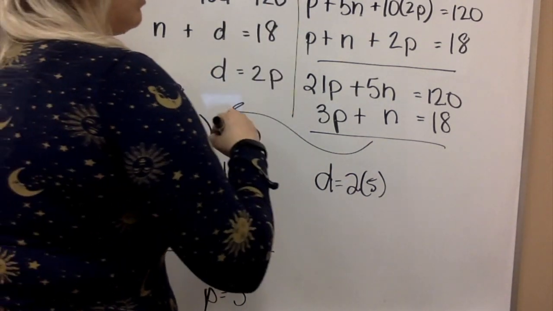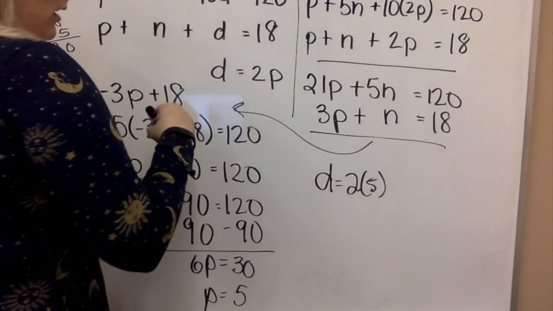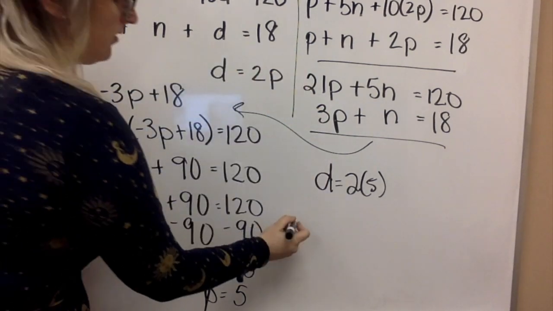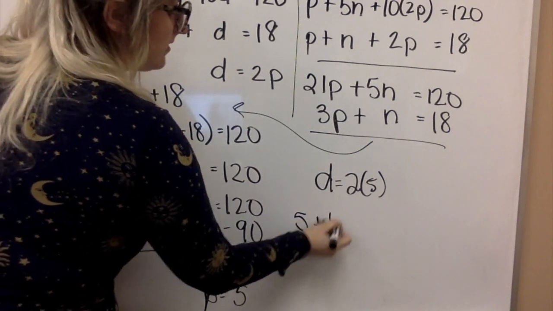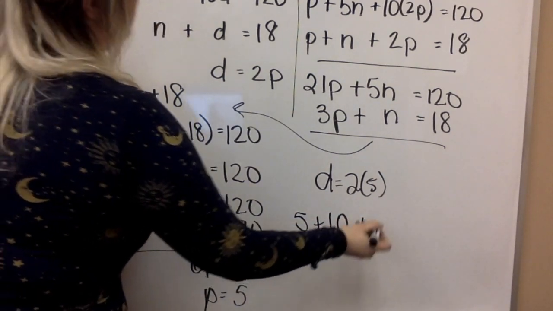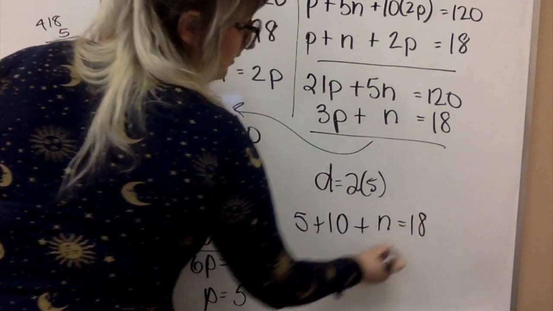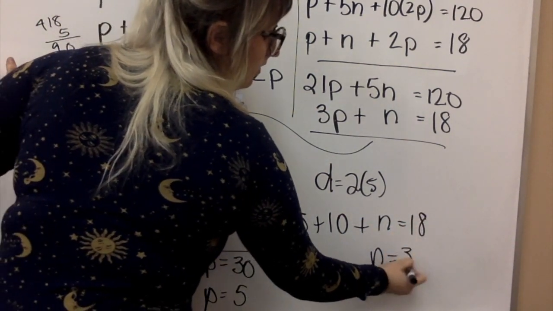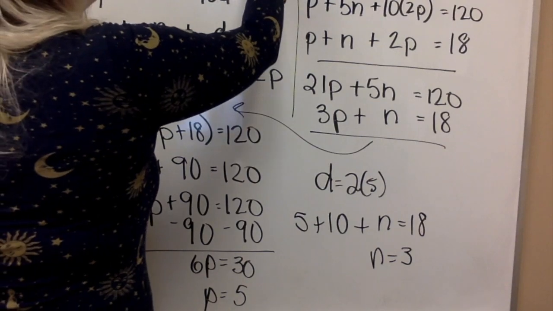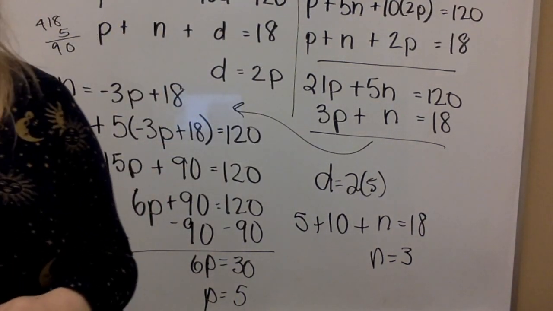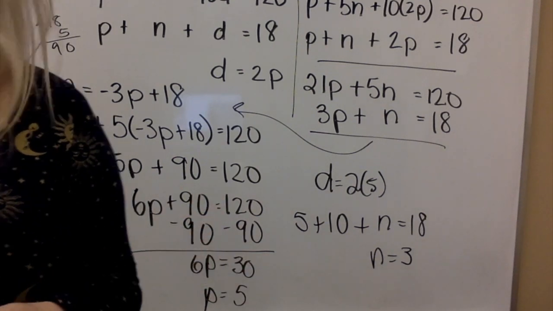And then I know that p plus n plus d is 18. So 5 plus 10 plus n is 18. So my nickels must equal 3. All right, so that's one way to solve it, but there are multiple ways to do it.